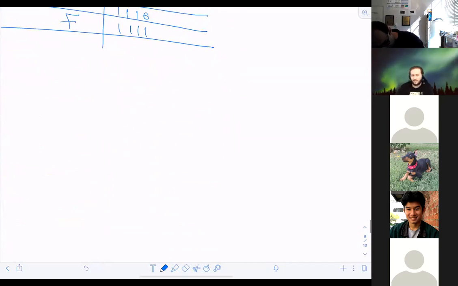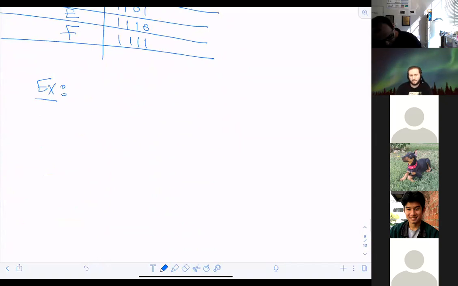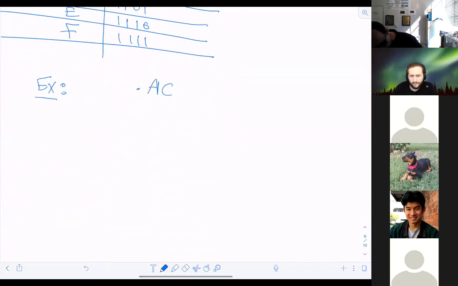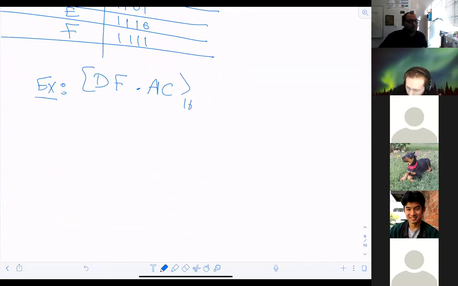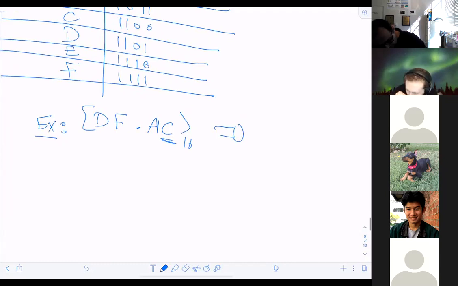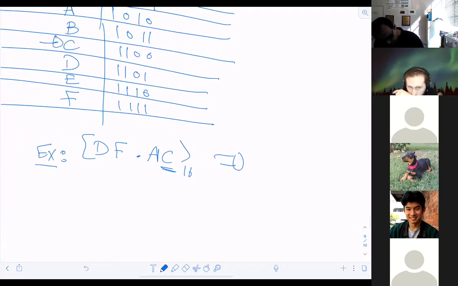Let's say my example is as follows. I have a hexa value, which is A, C, then the hex point, and then F, D. I want to convert it to binary. One way to do it, which is very straightforward: C from this lovely table is 1, 1, 0, 0.